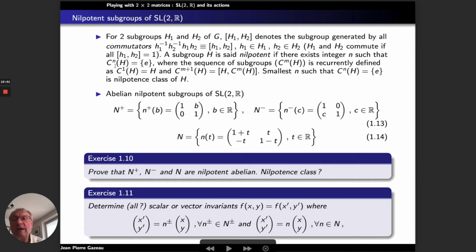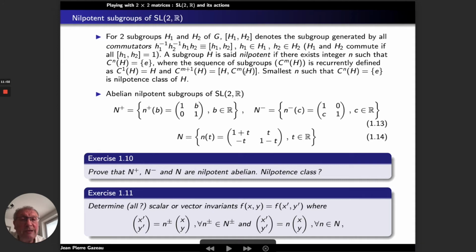What is this expression? The expression stands for the sequence of subgroups defined in a recurrent way as C1 of H is precisely H, and C(m+1) of H is precisely the commutator of H with Cm of H.